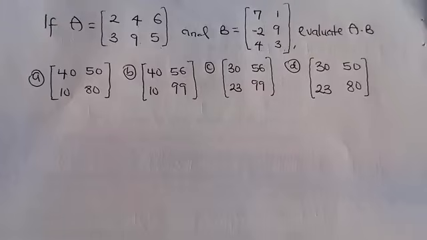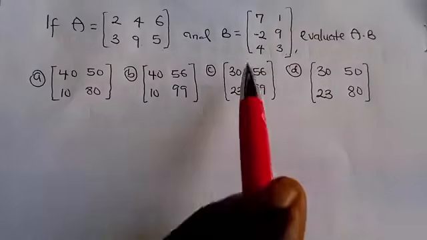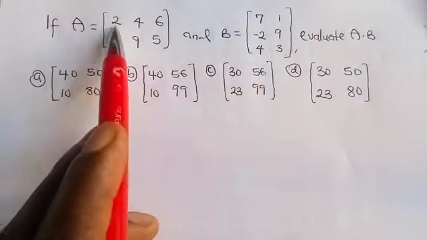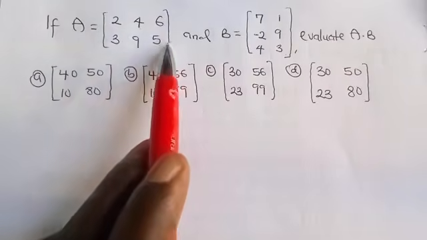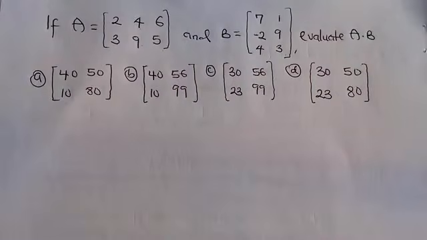And when you are multiplying matrix, one thing that we need to take note of is the order of that matrix. Here we have a 2 by 3 matrix multiplying a 3 by 2 matrix. That is 2 rows, 3 columns multiplying 3 rows, 2 columns. It's worthy of note that multiplication of matrix is not commutative.